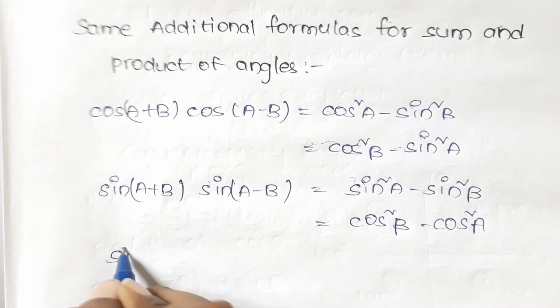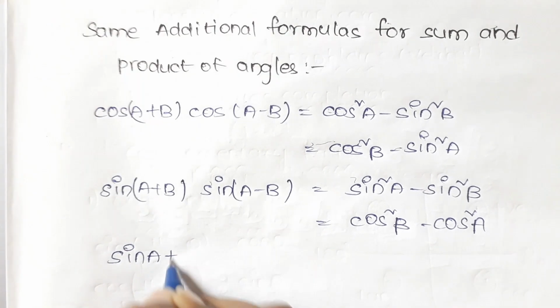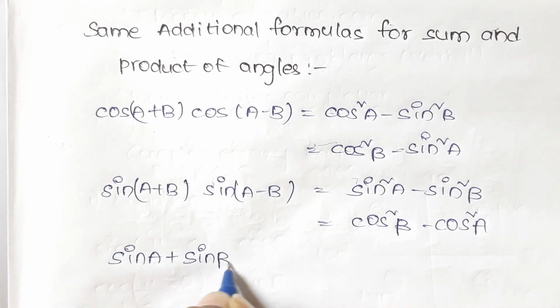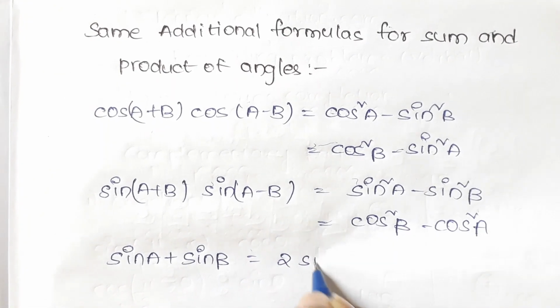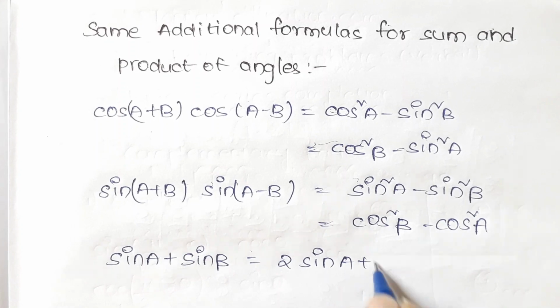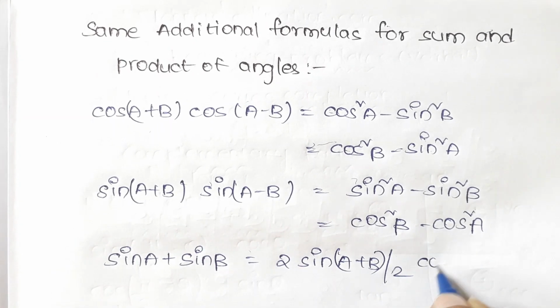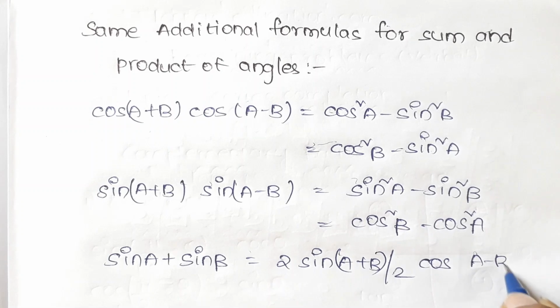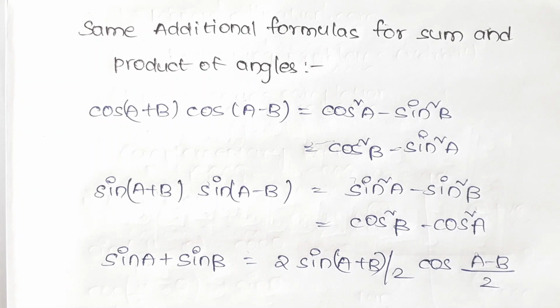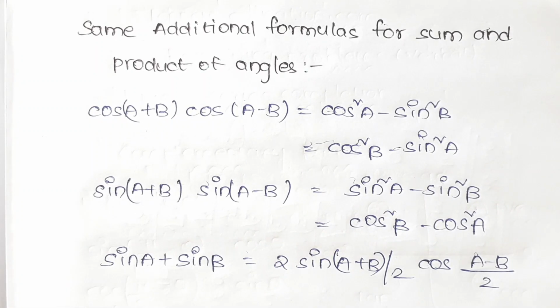And now sin a plus sin b equals 2 sin((a plus b)/2) cos((a minus b)/2), and these are the additional formulas for sum and product of angles.